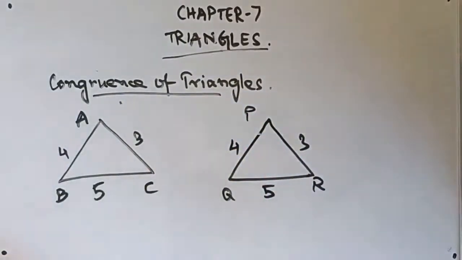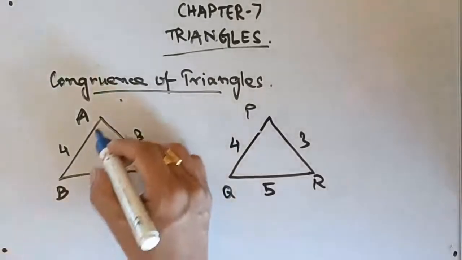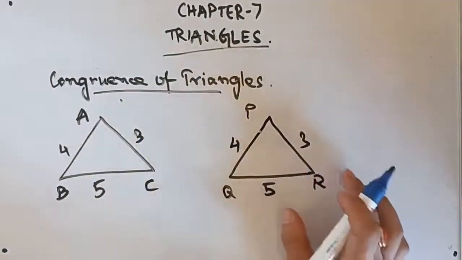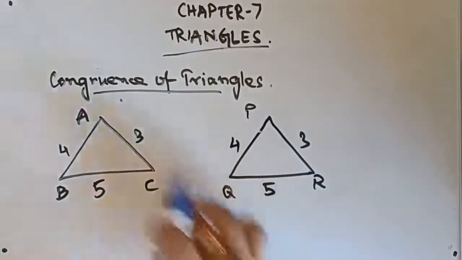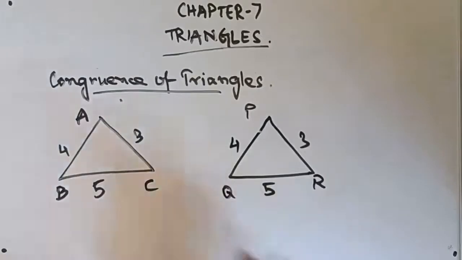In these two triangles, you can see that in triangle ABC, the length AB is the same as PQ in triangle PQR. Likewise, AC is the same length as PR, and BC is the same length as QR. So these two triangles are of the same shape and same size, and we can say that they are congruent to each other.